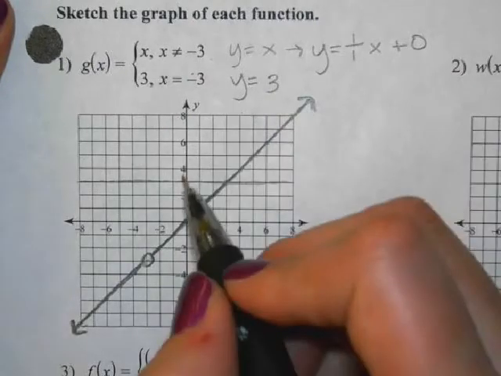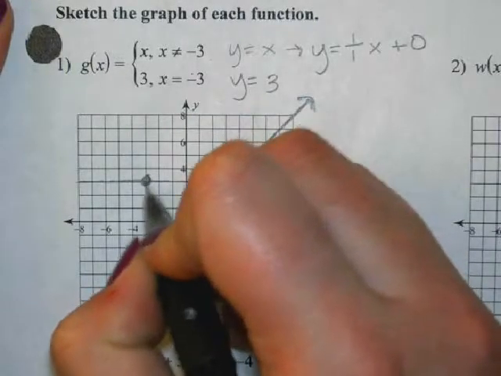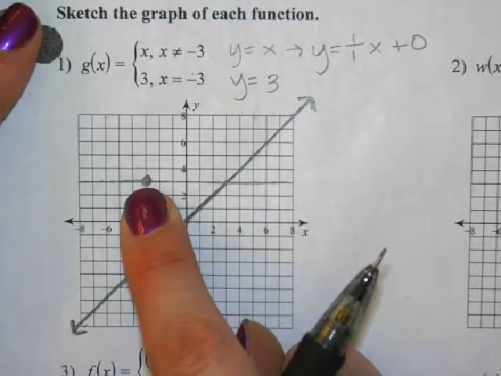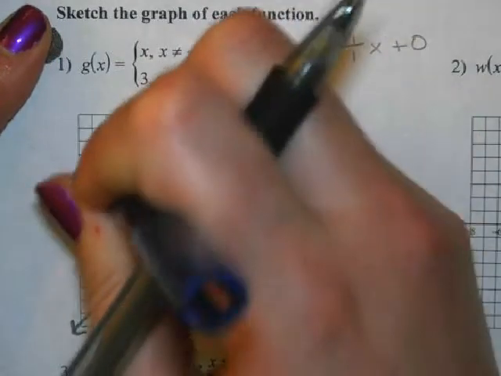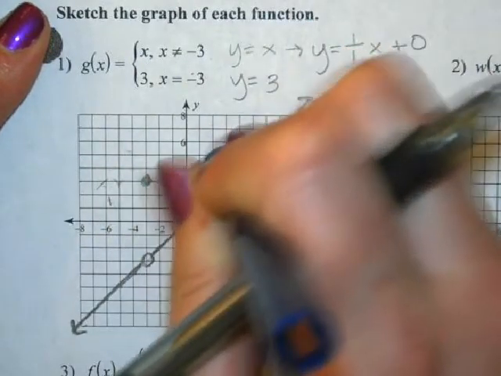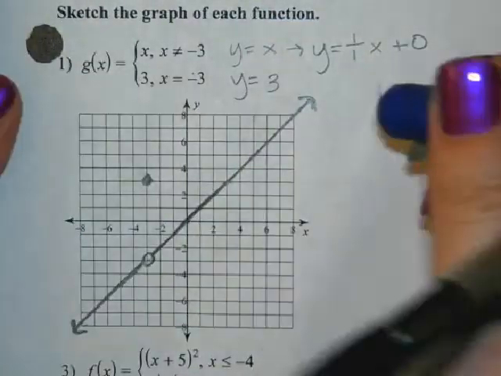So on that horizontal line, I'm going to look at the value where x is -3, and I'm going to make that dark. That is the only part of my line I get to keep. I have to erase the rest of it. And then that's my piecewise function.